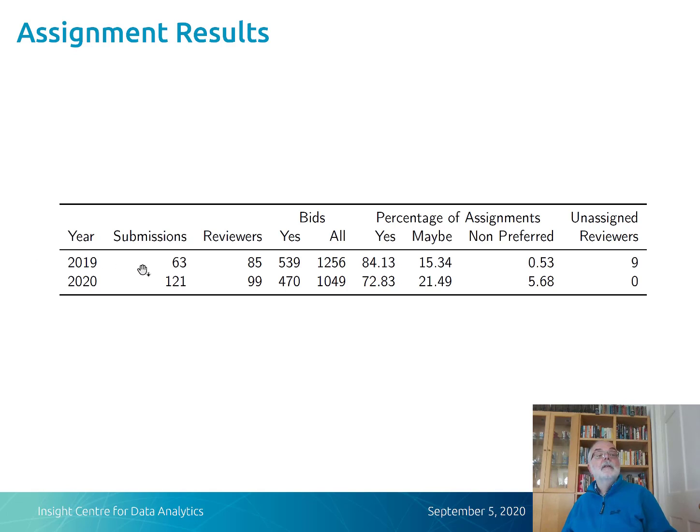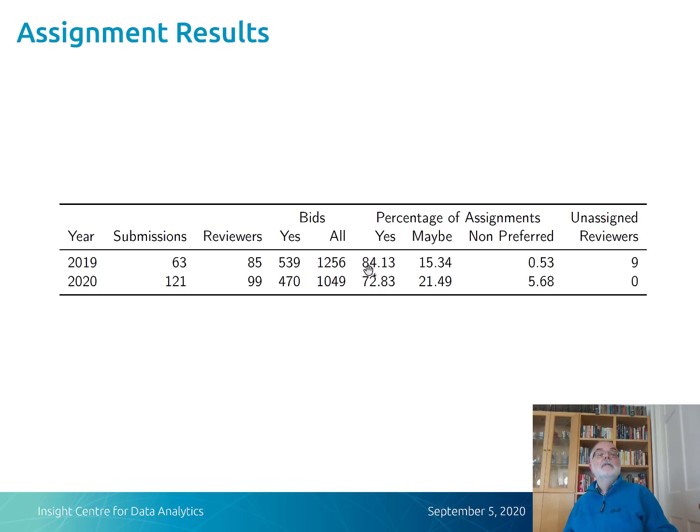In 2019, the program was only run for the technical track: 63 submissions with 85 reviewers, having 539 yes and 1,256 overall positive bids.